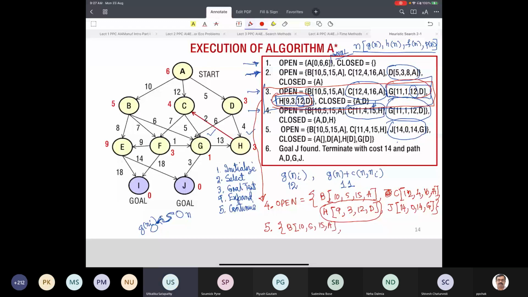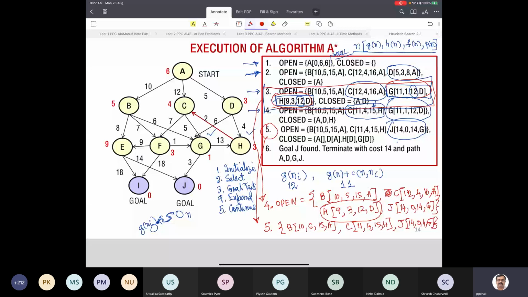B, C, and J. C will be updated, with the parent. And the list will be the same. And this would become identical to this. These two will become identical.